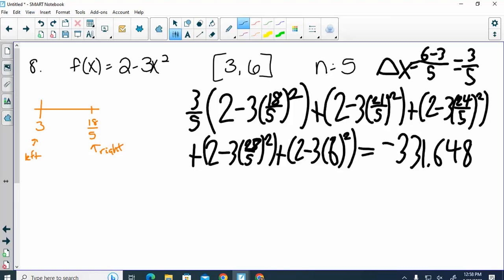It looks like most of these are going to be negative because each of the insides are negative. Oh, yeah.